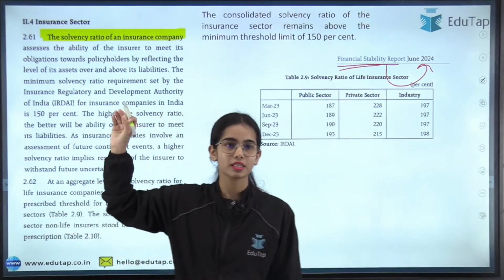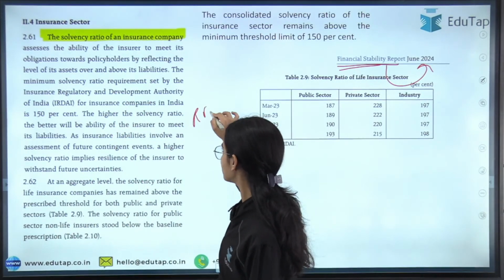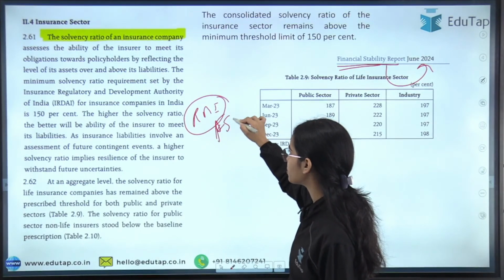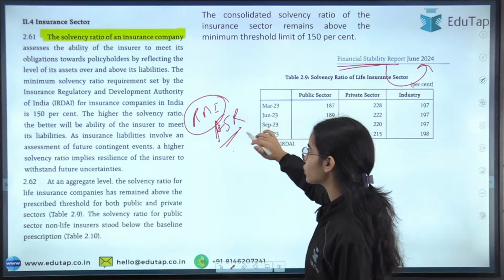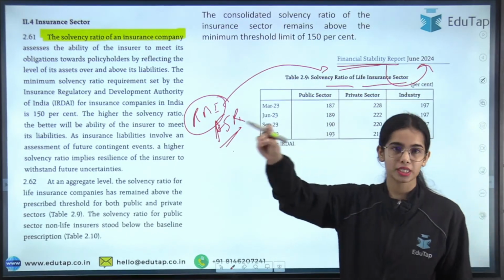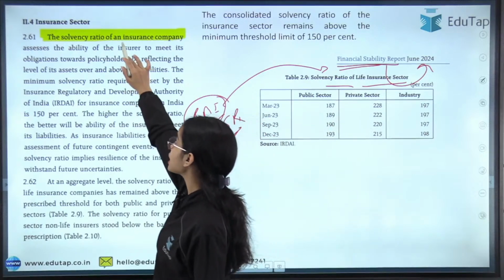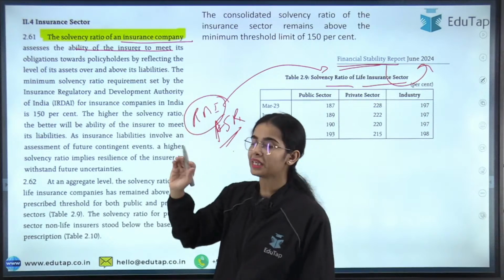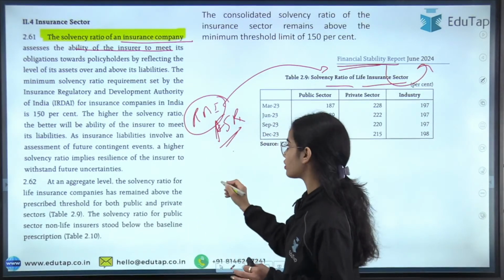Okay, so let's see the RBI segment first. In the RBI Financial Stability Report of June 2024, we have discussed the solvency ratio of insurance companies. The solvency ratio of an insurance company assesses the ability of the insurer to meet its obligations.